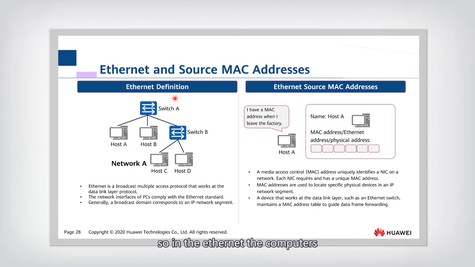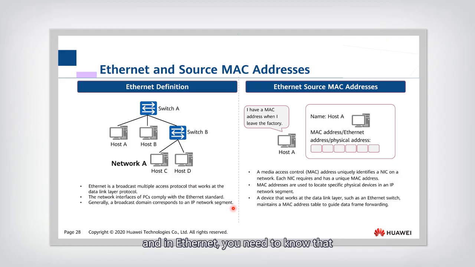In Ethernet, the computers can be connected to each other using a switch and finally to a router to connect to the internet. In such a network, this is a broadcasting network. By using Ethernet, any packet from a host can be broadcast to the other hosts.